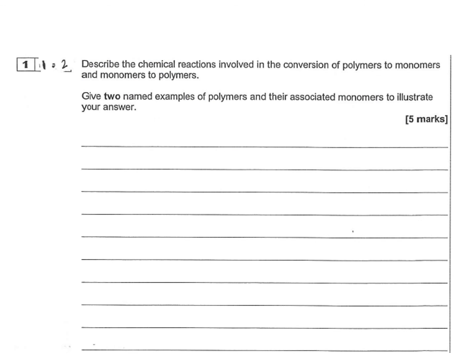Okay, last question then. Describe the chemical reactions involved in the conversion of polymers to monomers and also the opposite, monomers to polymers. Okay, so we know monomers, really important to describe this correctly, are very similar or identical repeating molecules that are linked via condensation reactions to form a bigger polymer molecule.